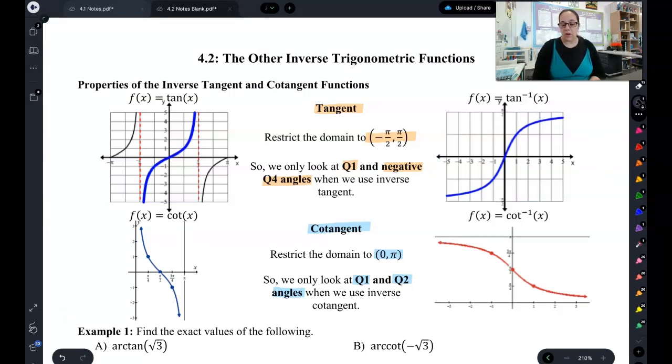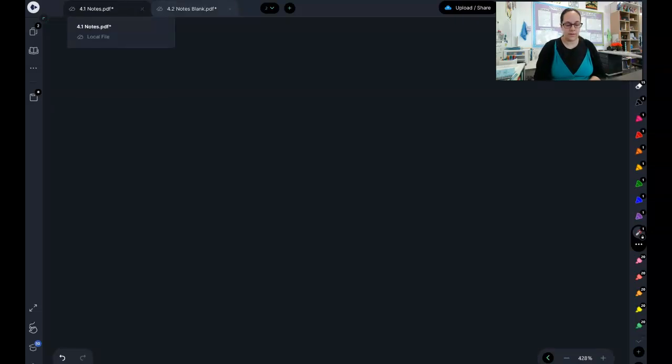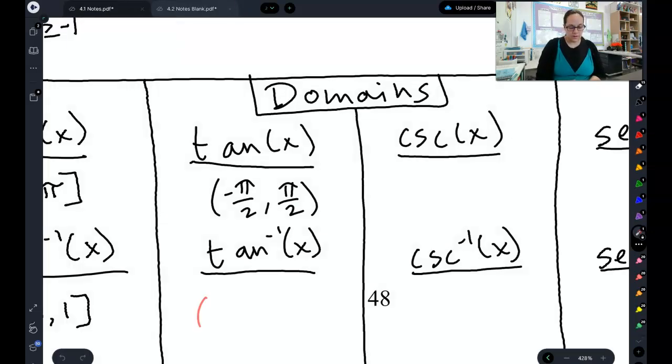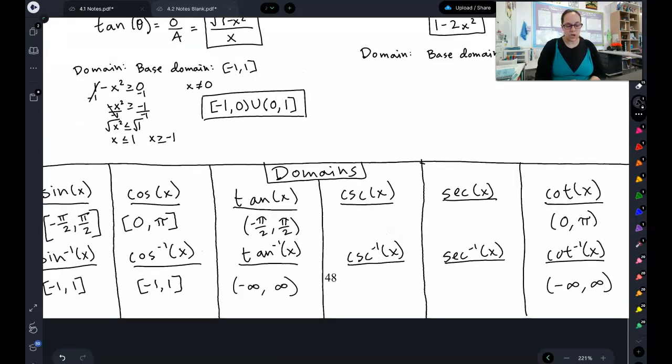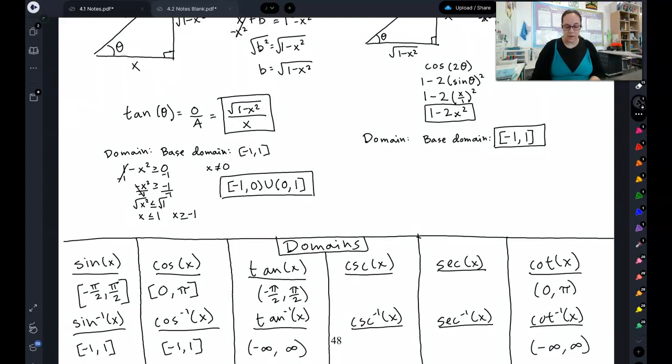The domain of the arctan graph looks like it goes from negative infinity to positive infinity. And the domain of the arccotangent also goes from negative infinity to positive infinity. So there's our domains filled out so far. That will help us in today's notes.